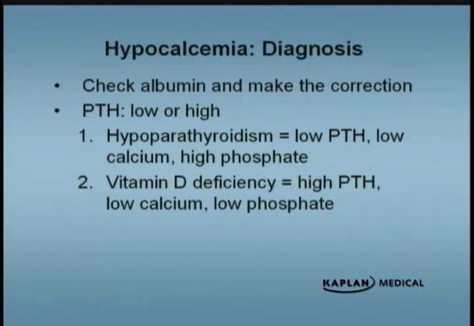The correction is, for every decrease in albumin by 1 point, there's a decrease in calcium by 0.8. So, for example, if the patient's calcium is 6, and this patient's albumin has decreased by 1, you'll add 0.8 to that 6.